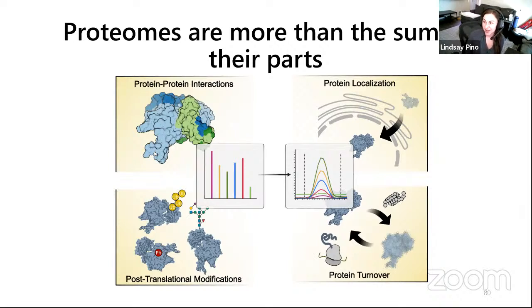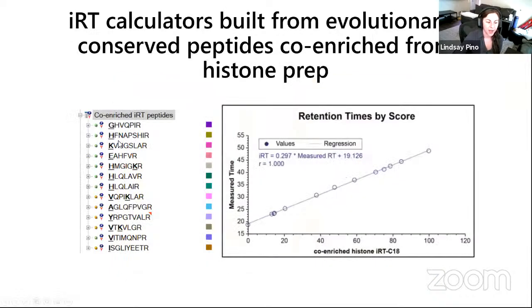Ahmed, is it possible to target peptides that are not prone to modifications for quantification purposes? Of course. So you may have noticed in the IRT calculator, I'll see if I can grab that slide again real quick. In the IRT calculator that we worked on, we specifically tried to get peptides that are not susceptible to modification.